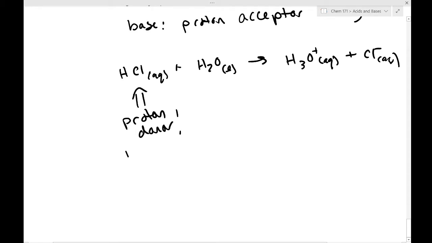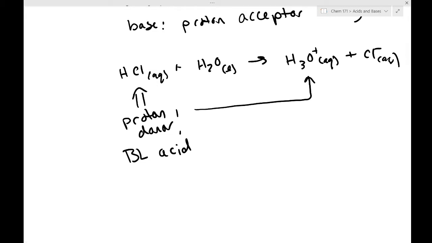That means that it is a Bronsted-Lowry acid. Now, if you look to the other side of the reaction, there is also a species on this side of the equation that can also donate a proton if you go in the backwards reaction direction. Okay? This is also a Bronsted-Lowry acid.